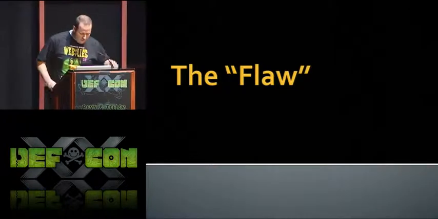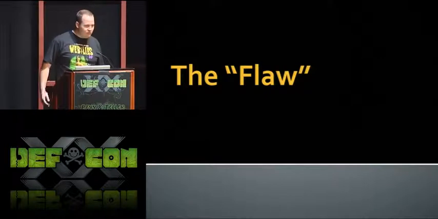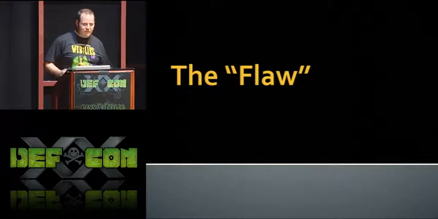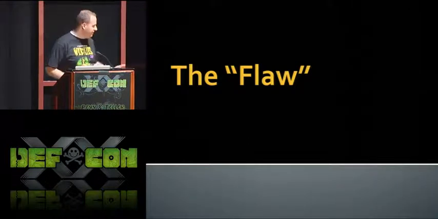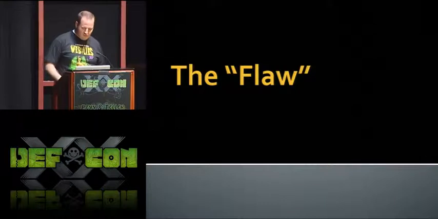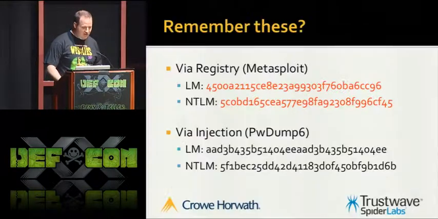Hi. So the flaw is really what Ryan experienced when he was doing his penetration testing. He pulled it via one tool, gets one hash, pulls it via a different tool, gets a different set of hashes. So let's take a look at that again. If you remember this from earlier in Ryan's slides, we want to figure out why we're getting bad LM and NTLM hashes with Metasploit in this particular example.